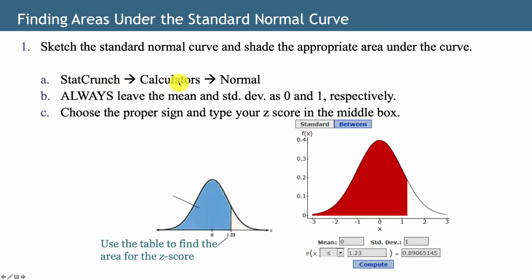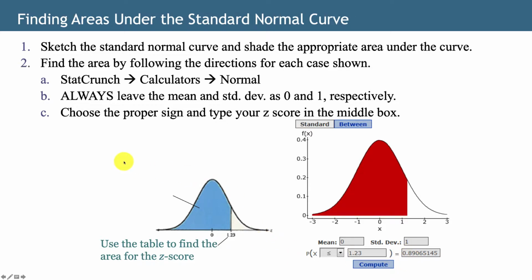All right. So how do you use the table or the calculator in StatCrunch? So you go to StatCrunch, calculators, normal, and then it'll pop up. And always leave this as 0 and 1, and then this box is your z-score. So you can put a number in this box, and then the arrows will shade whichever way the arrow is. So less than is to the left, and then it'll shade it in, and then it'll tell you what that is as a value.